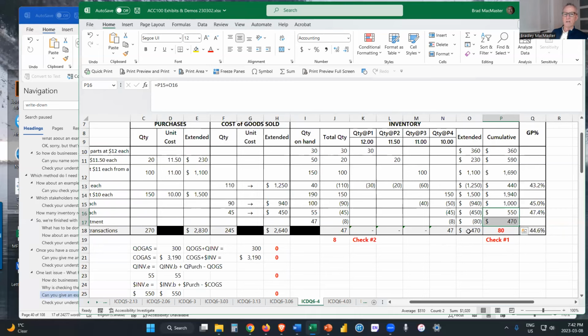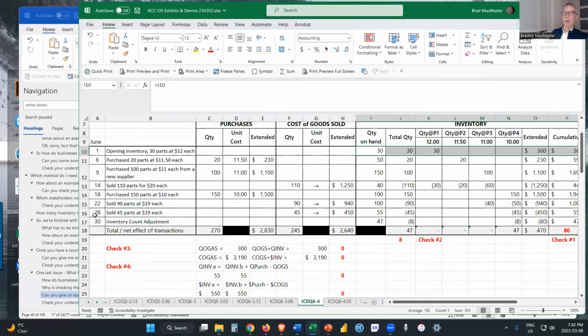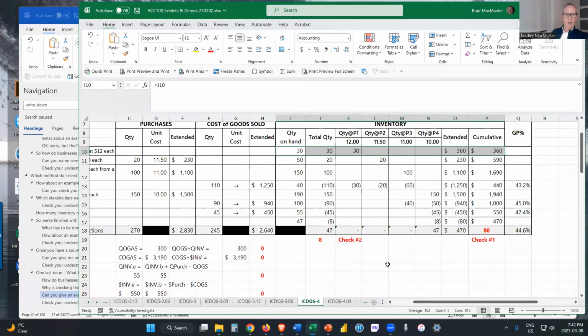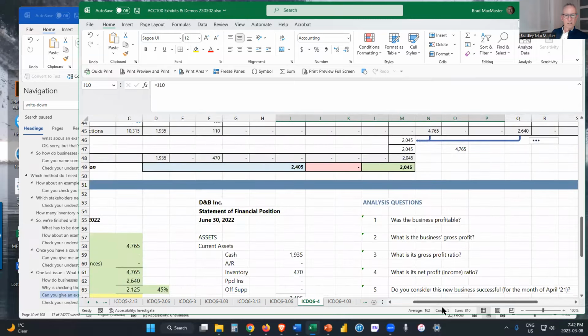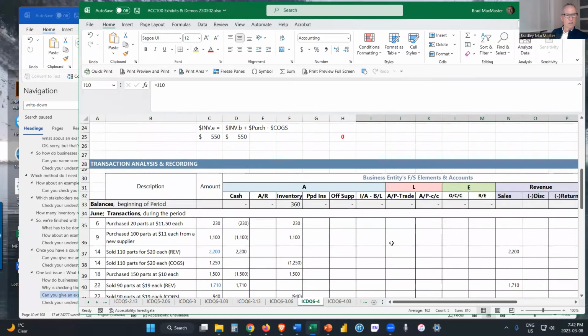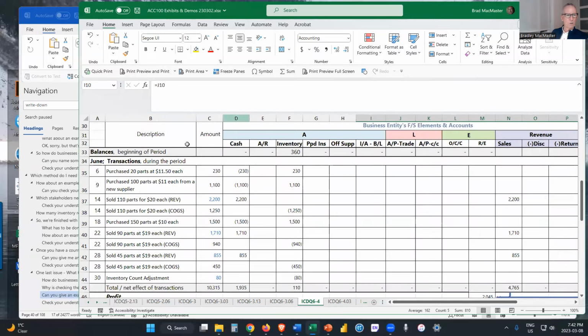And these amounts will serve the same function as the opening inventory here when we go to start creating the subsequent inventory tracking for the month of July. We did account for the $47 in the transaction processing schedule here.